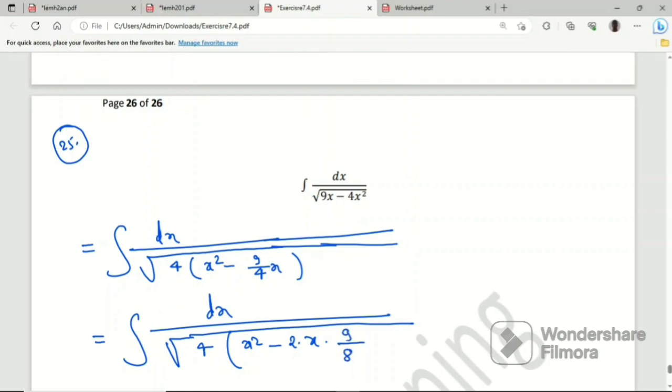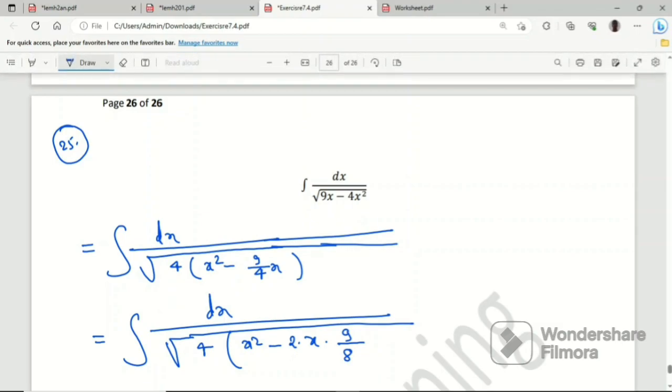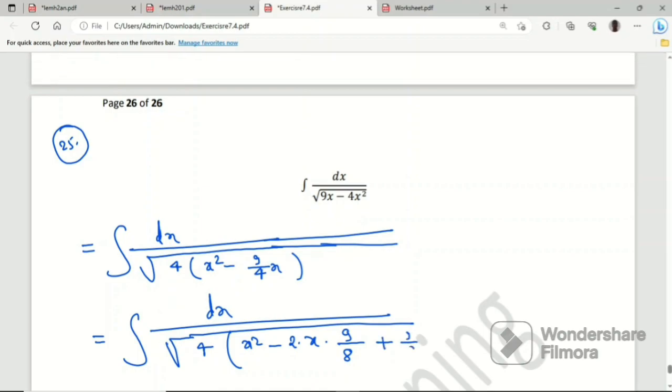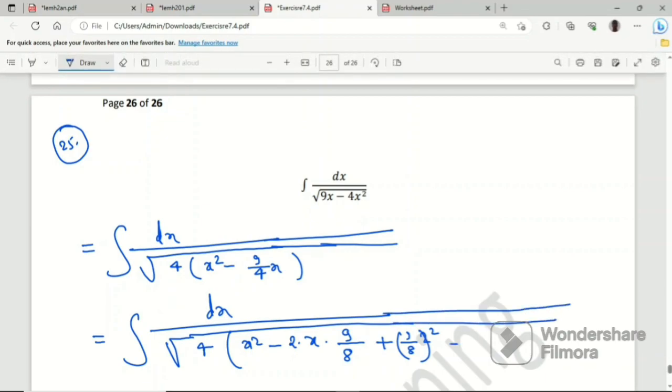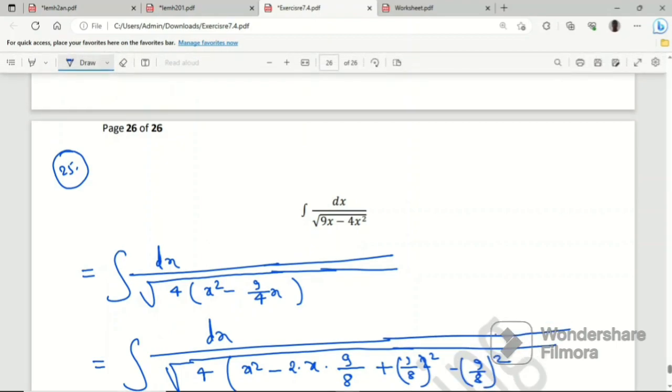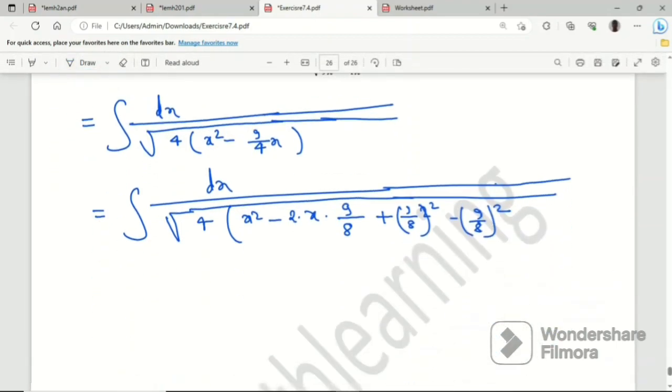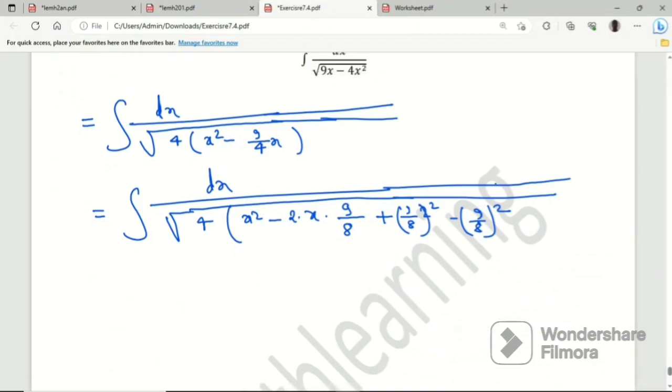Then I will get 9x upon 4, and I need to add and subtract 9 upon 8 whole square. So I'll subtract 9 upon 8 whole square, and then yes, it is fine.